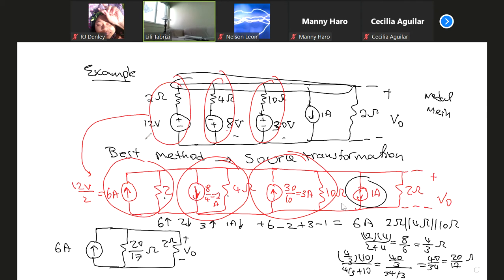This is not complete parallel format because each branch has series. If you can change series to parallel, then you have complete parallel format. So without writing any equation, I can come up with my answer. That's why this is a typical example they use in order to show the advantage of the source transformation.